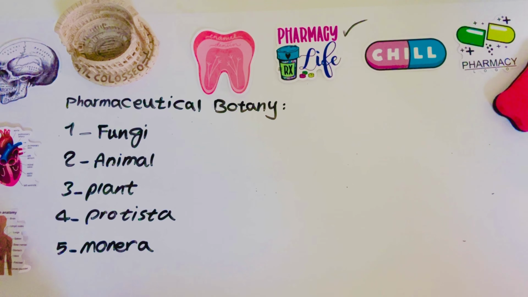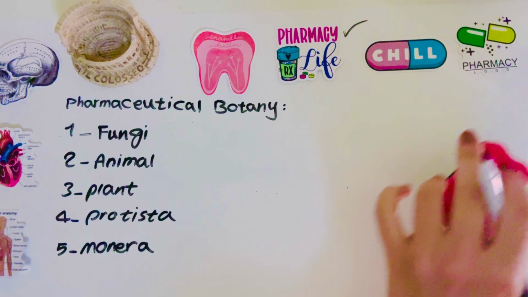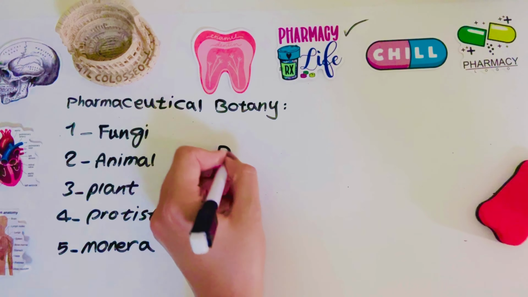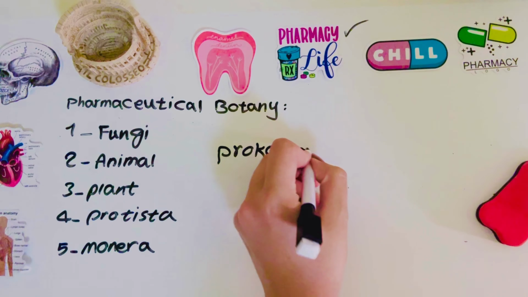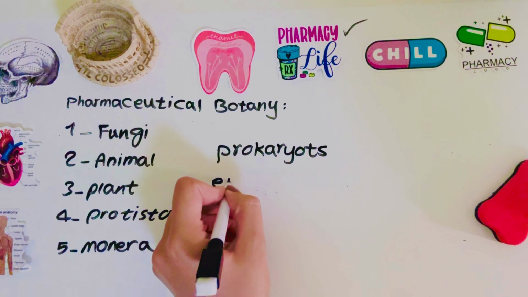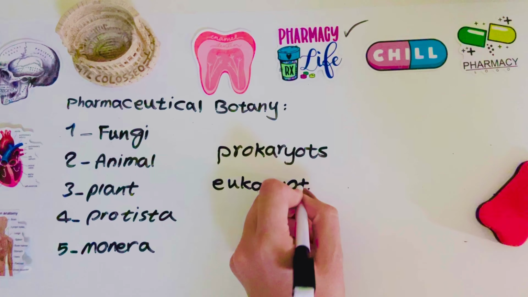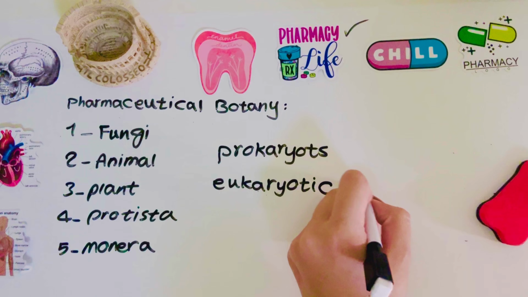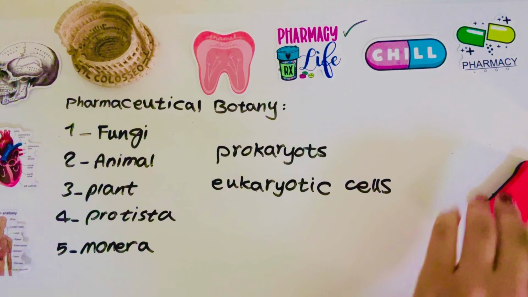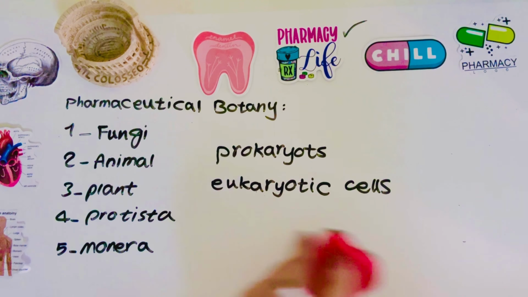Then after that, we're gonna talk about the prokaryotes and the eukaryotes. I'm sure that you have some basic knowledge about prokaryotes and eukaryotes if you are studying medicine or pharmacy. I don't think that I need to go into that much detail, but I'm gonna first talk about the differences between them.